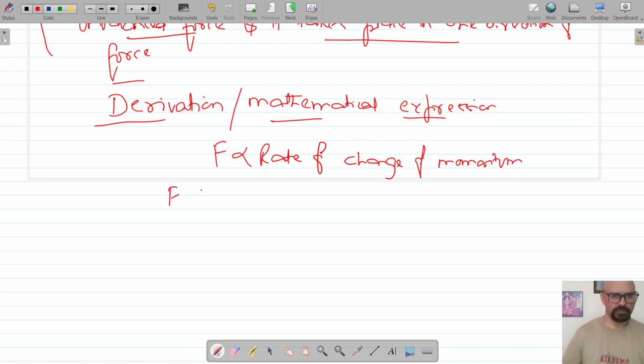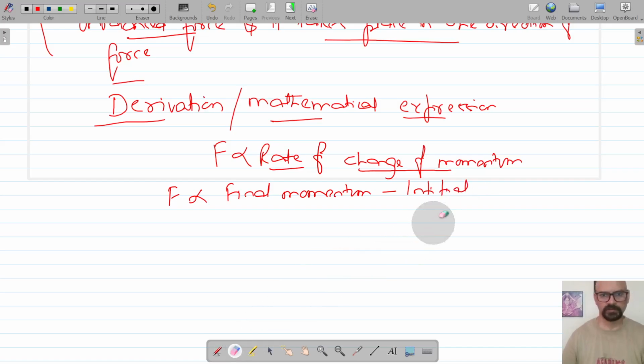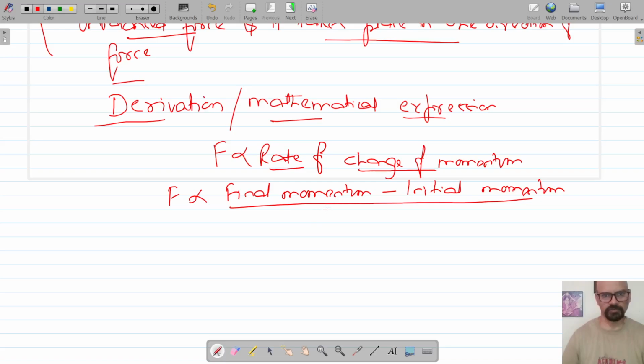That means this unbalanced force is directly proportional to the rate of change in momentum, which is given by the final momentum minus the initial momentum, and rate means it has to be divided by the time.